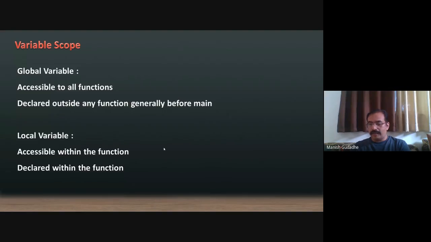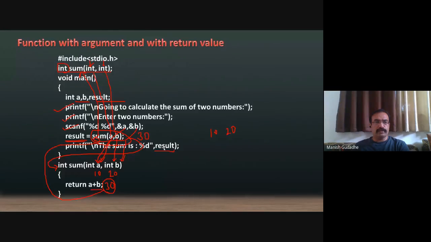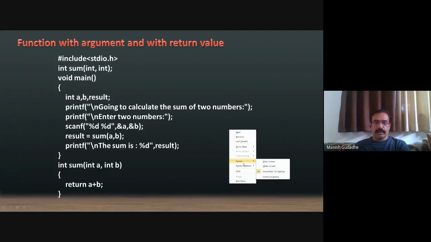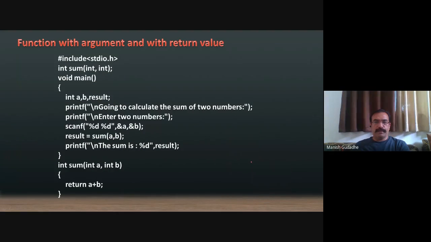That means they cannot be used in any other function, not even in the calling function. Here you can see, as I said, a and b are variables declared in main, and these formal arguments are also declared in sum.